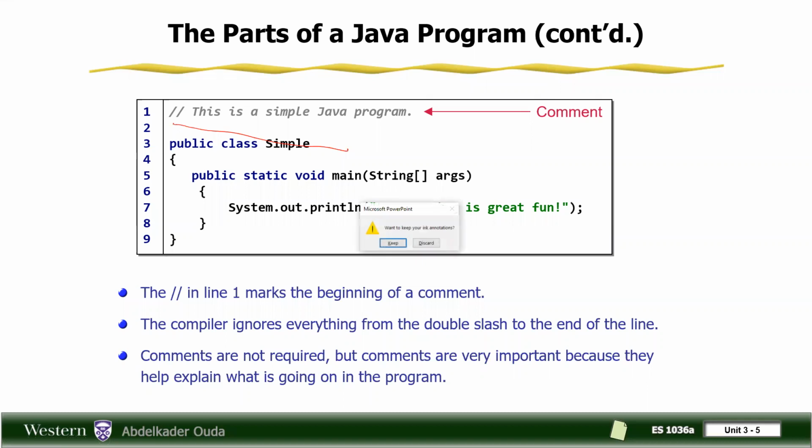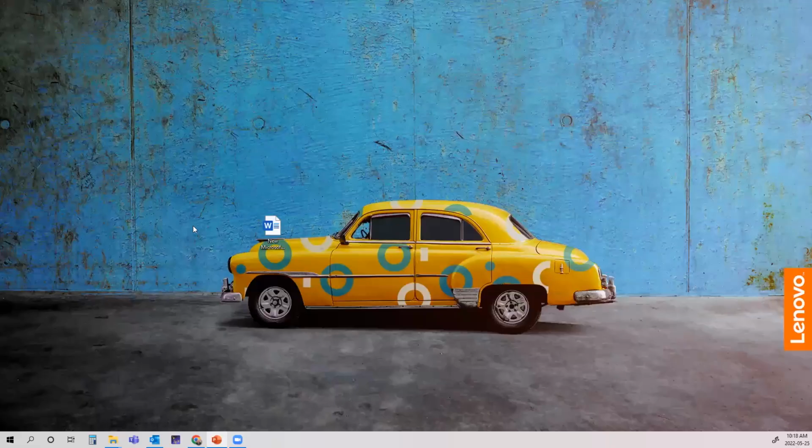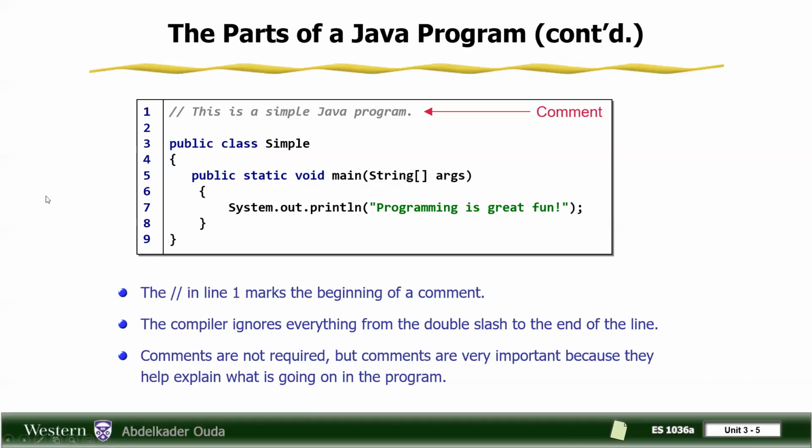Here we start with public class Simple, and as a member, we normally call it main.